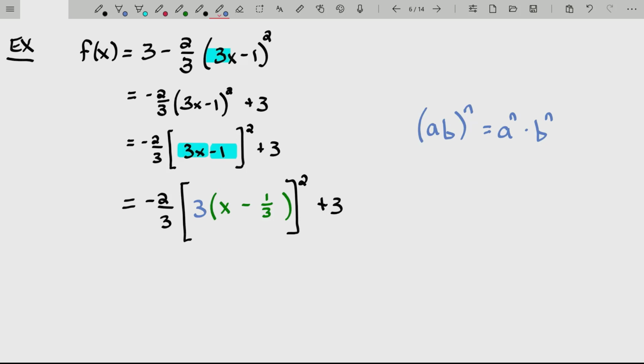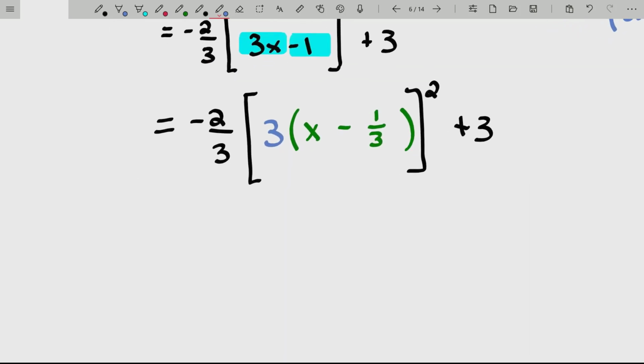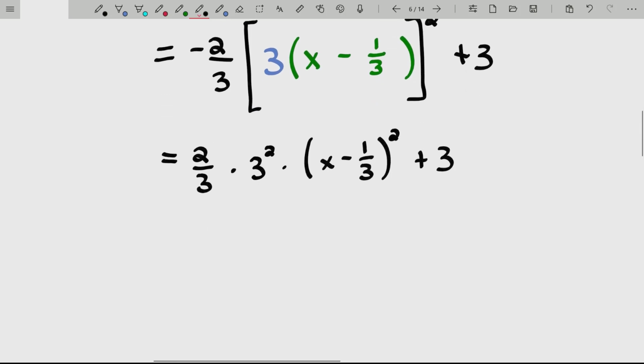But basically that just means you can apply this power to both factors inside the parentheses. So let's go ahead and do this. It's going to be negative 2 over 3 times 3 squared times x minus 1/3 squared, and then plus 3. And of course, now you can simplify this.